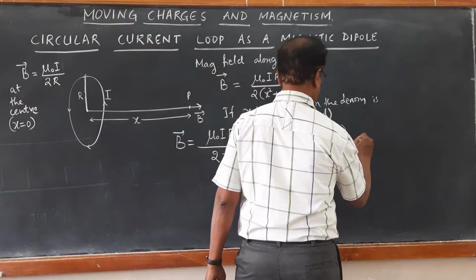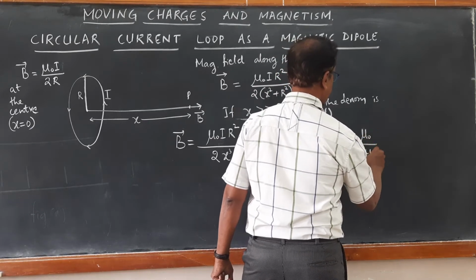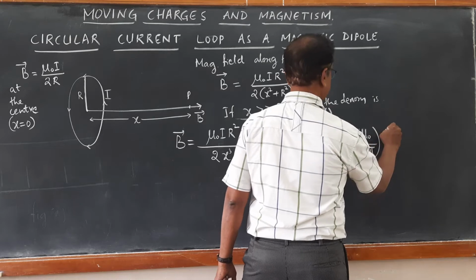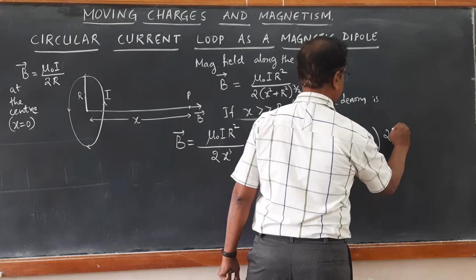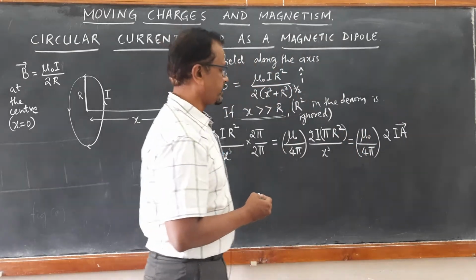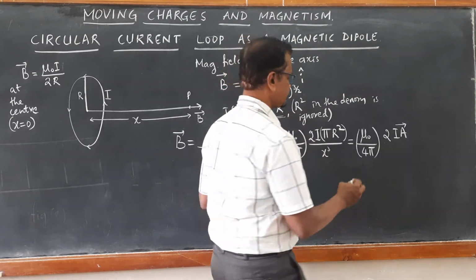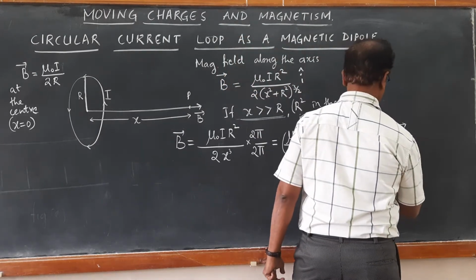Thus we get mu naught upon 4 pi, the constant, into 2 times I into A, which you can take as a vector quantity. This IA we know is the magnetic moment, divided by x cube.